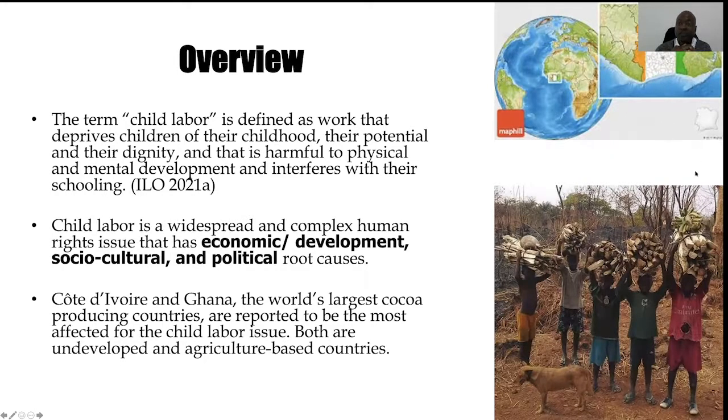I will focus on West African countries. Why? Because Cote d'Ivoire and Ghana, the world's largest cocoa producing countries, are reported to be the most affected by the child labor issue. Both countries, and we will know why, are underdeveloped and agricultural-based countries. Next.